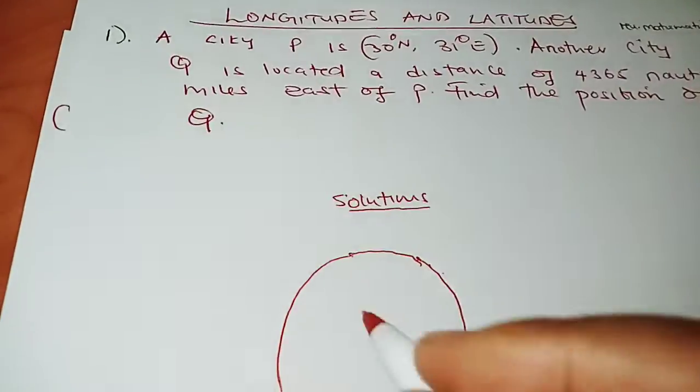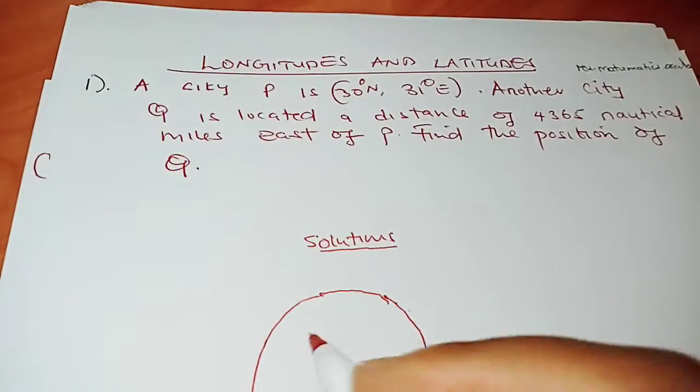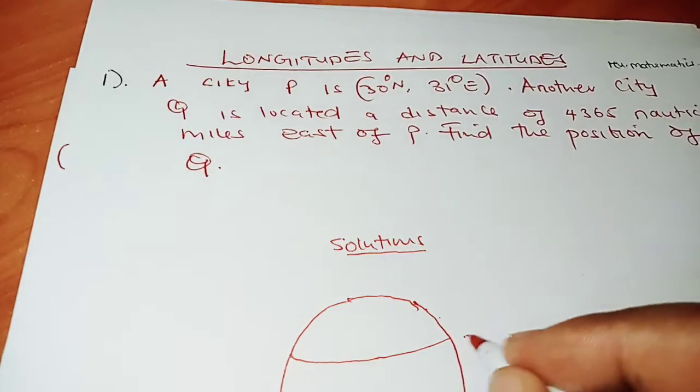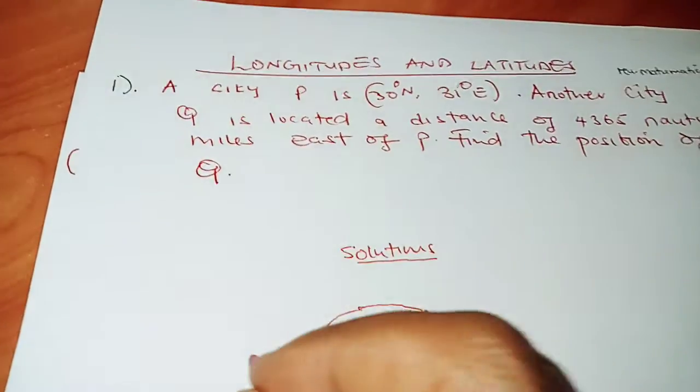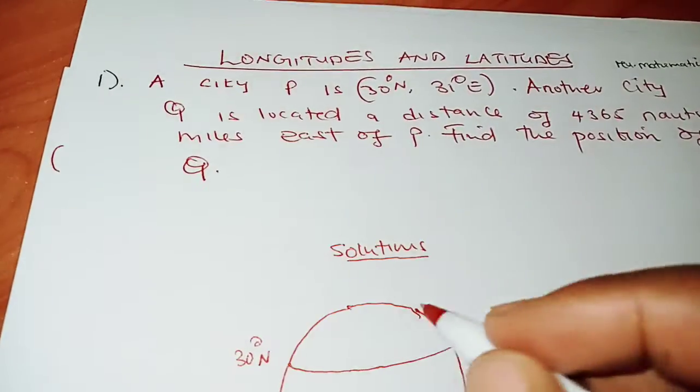That's enough. Then we locate the two towns on the earth's surface. So the first one is 30 degrees north, and it's also 31 degrees east.